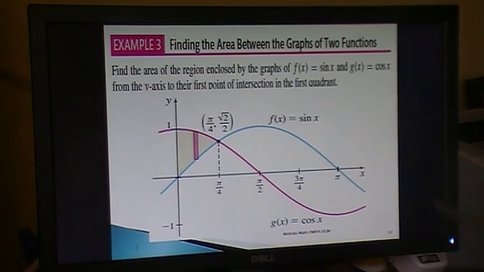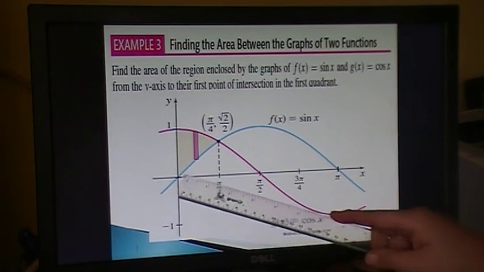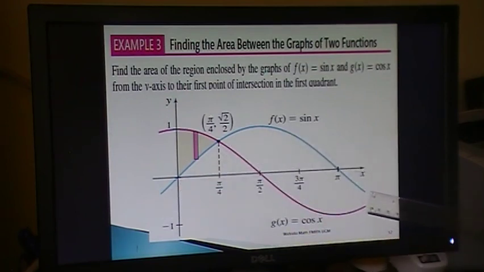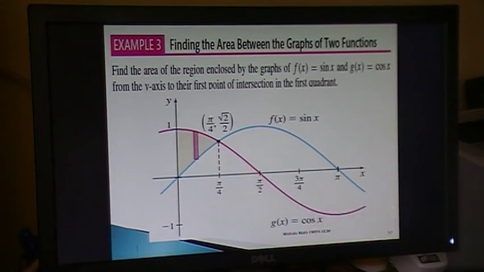Here I want to describe one good example from Sullivan, how to find the area between two curves in trigonometric functions. For example, we have the function fx is equal to sin x, and gx is equal to cos x. The function looks like this.